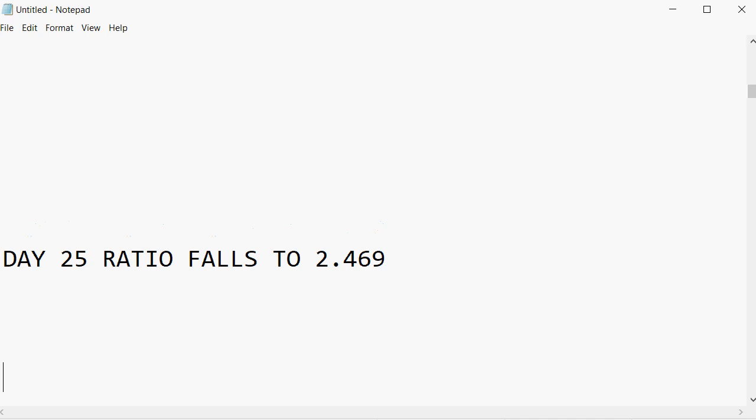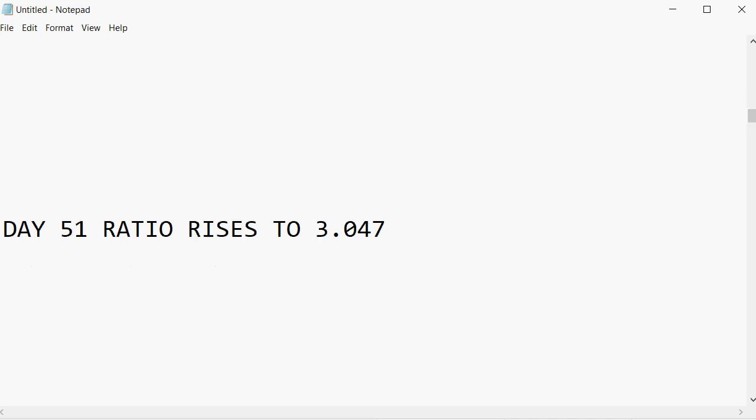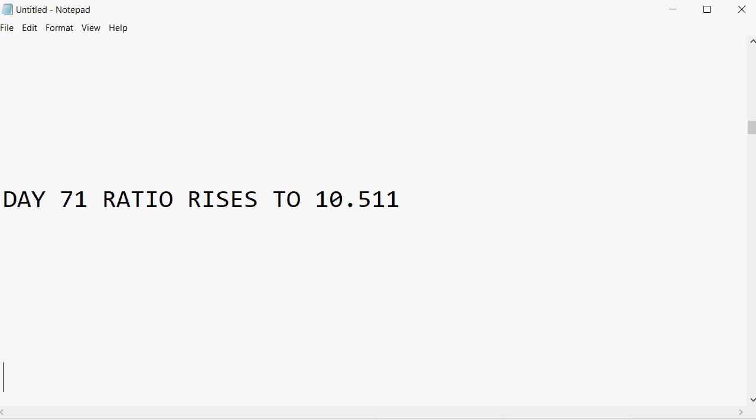And then on day 25, it falls to 2.469. Then a decent fall after that to day 43, where it falls to under 1. Then on day 51, it rises to a little over 3. Day 71, it rises to a little over 10.5.